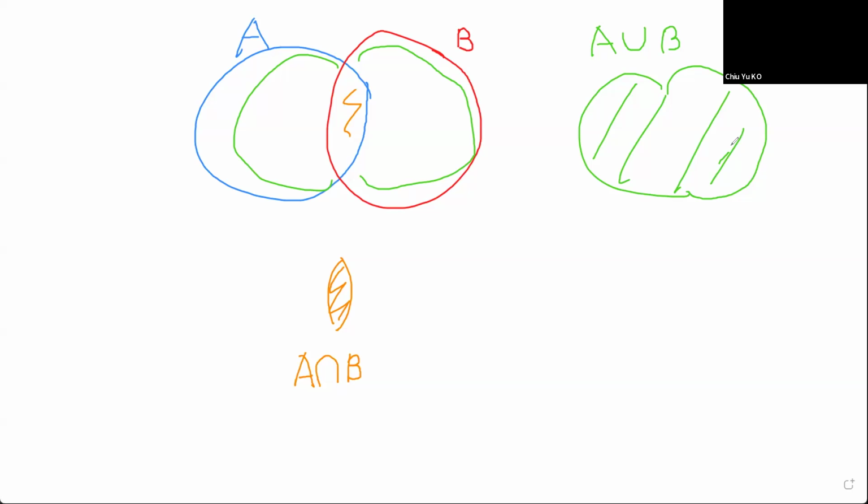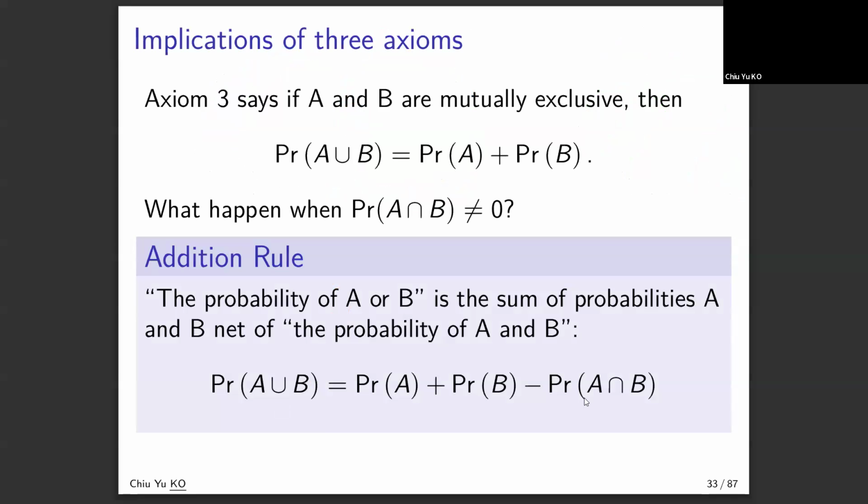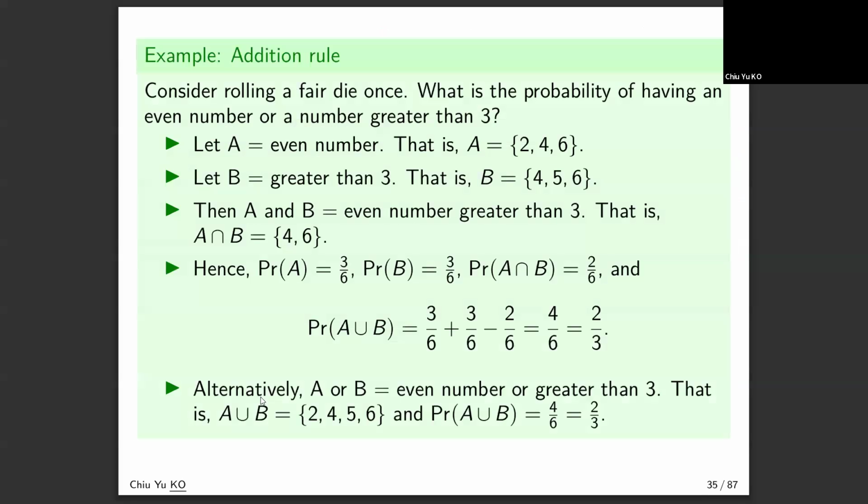Okay? Of course, if you want to prove it mathematically, then it will be a little bit more complicated. But that is the idea. Red plus blue minus orange is green. So let me illustrate this with an example. Those of you who are still worried about the math here: the one I showed you is the maximum math that is allowed in my class.